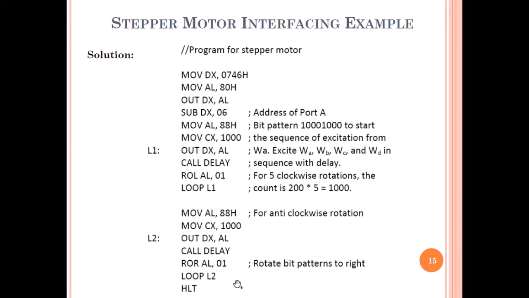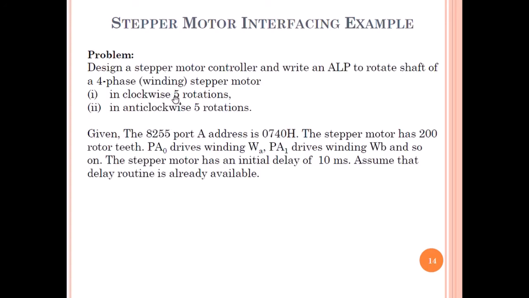Thus by the wave scheme we see WD, WC, WB, WA, and like this it rotates in the anti-clockwise direction. After 1000 times this loop 2 will be over, and then we stop. So ultimately we have rotated 5 clockwise and 5 anti-clockwise rotations.